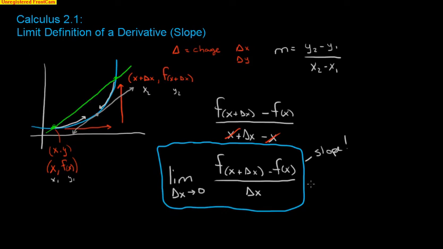And this is what a derivative is. And I know in my class, we have to say it over and over again. The derivative is the equation that represents the slope of the tangent line found by using this difference quotient.